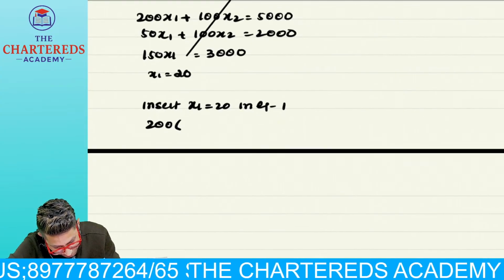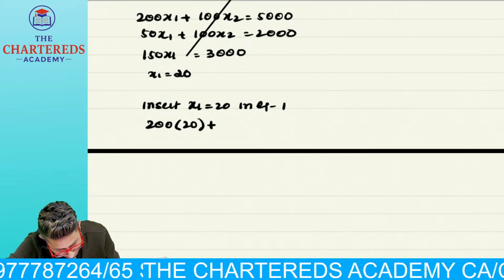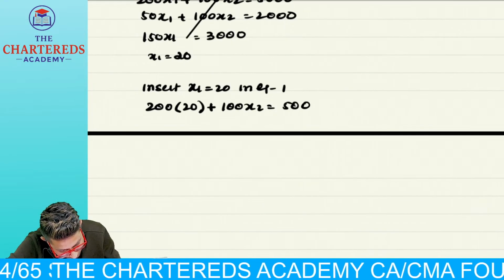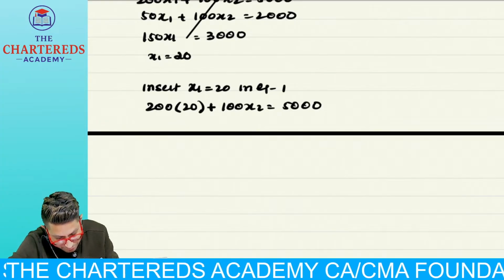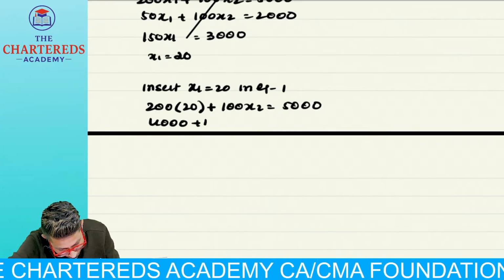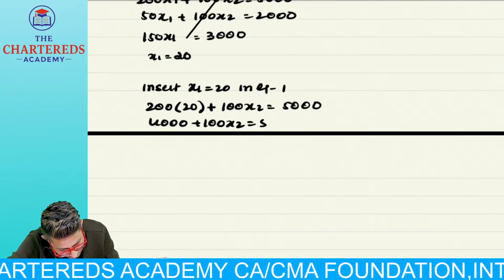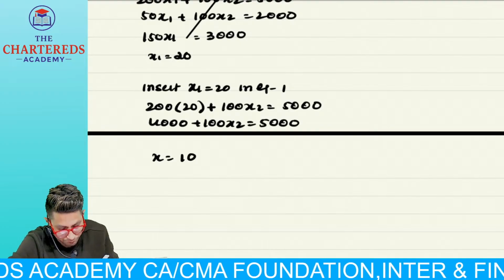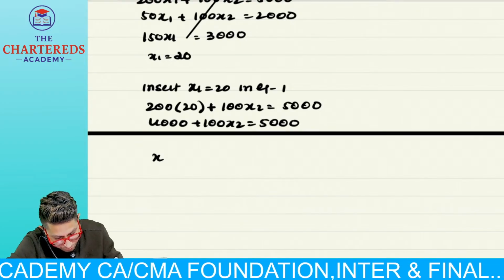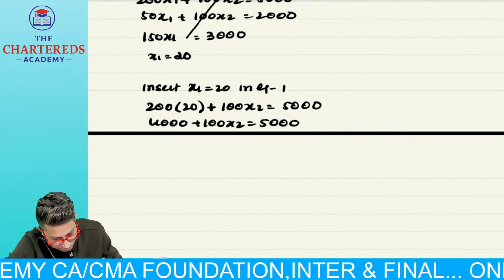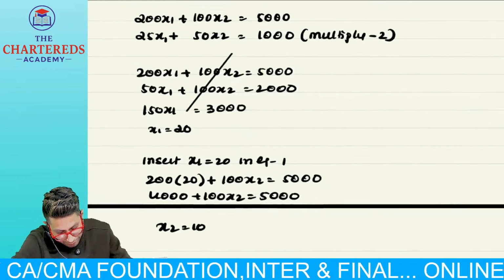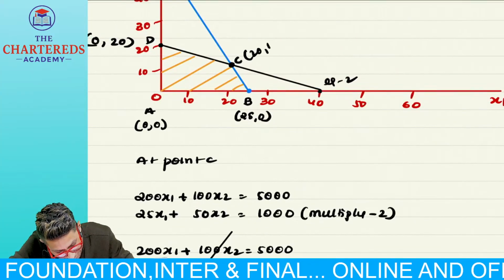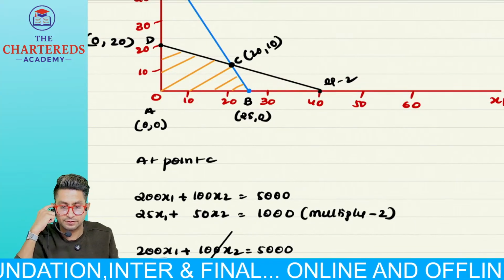How much did we get for x1? 20, plus 100 x2 is equal to 5000. So here it will be 4000 plus 100 x2 is equal to 5000. Then x2 will be 10. Understood how to solve? So at point C, x1 value is 20 and x2 is 10. Clear? Note down till here.